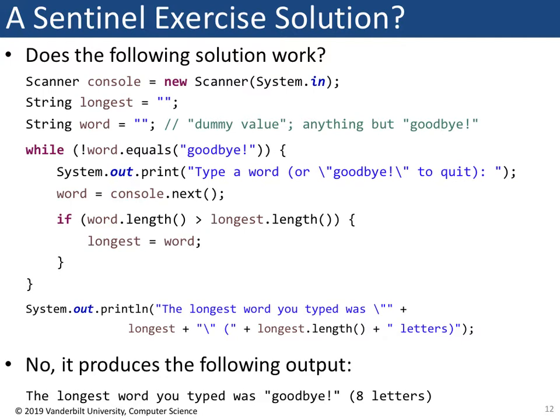So in the previous slide, Barney was our longest word, but Barney was actually only 6 letters long, while goodbye is 7. So in this case, what we're going to actually print out is the longest word you typed was goodbye, which is 8 letters, including the exclamation mark. So this is a bad solution because we're allowing goodbye to be considered as a candidate for the longest word.